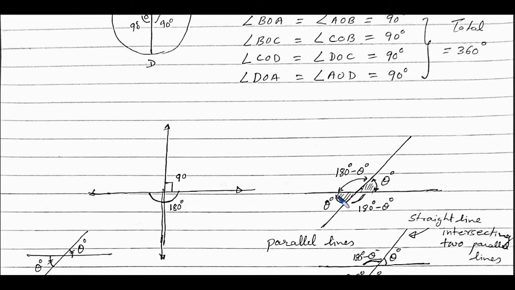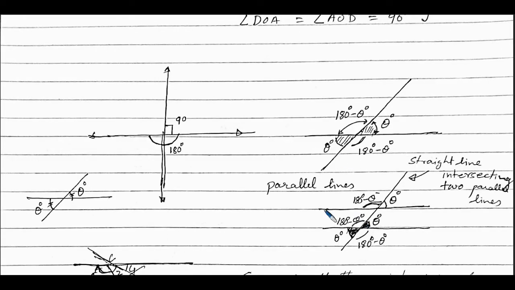So 180 minus theta will be this angle. So the sum of this angle theta plus 180 minus theta, with theta canceling, is 180 degrees. Similarly this line also will be 180. Okay. And if this is 180 minus theta, then the opposite angle will also be 180 degrees minus theta. Same it will be.